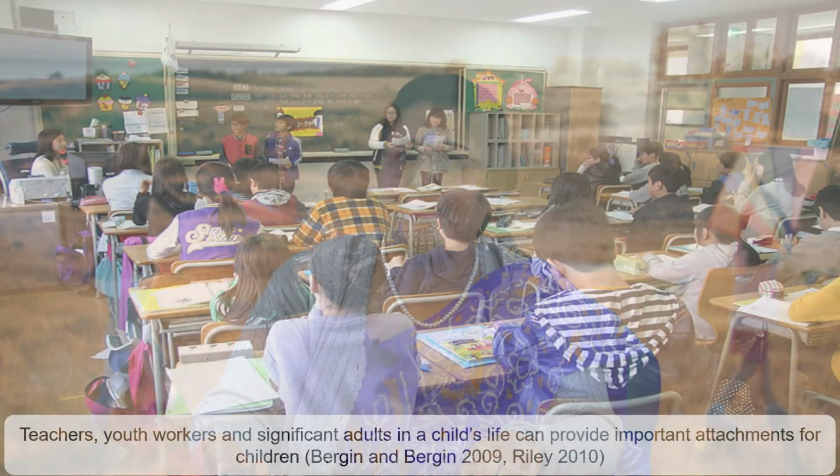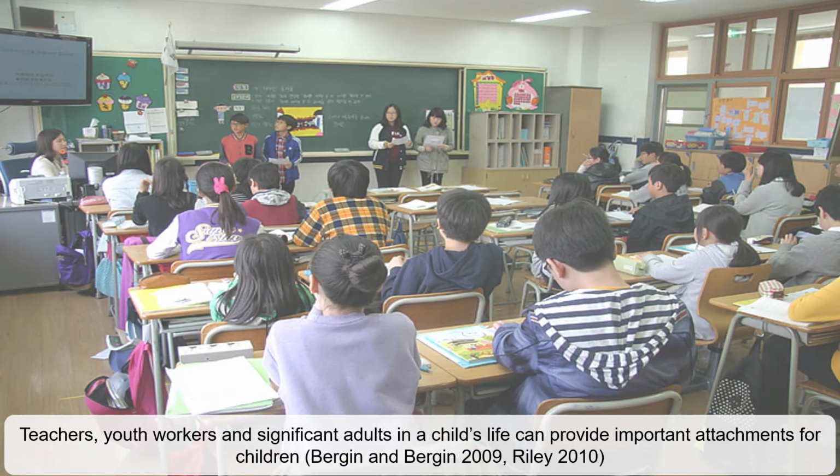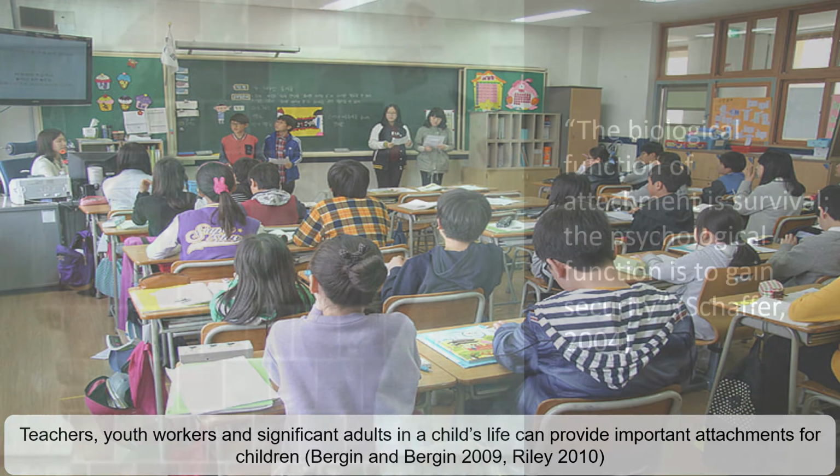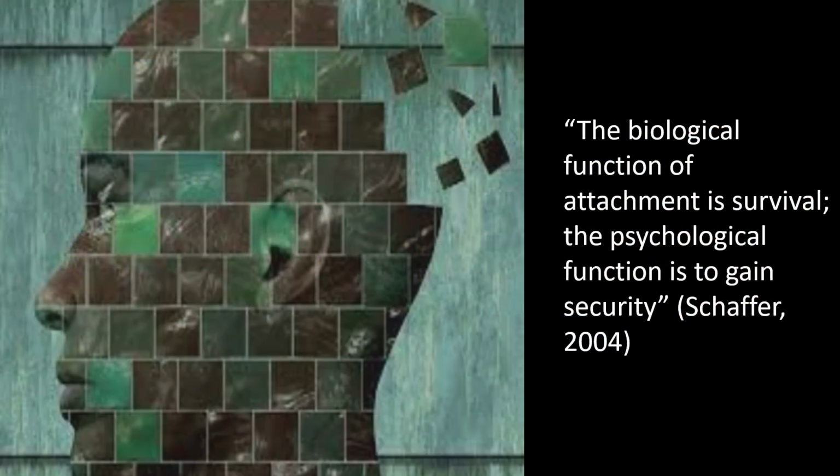So, what is required on the part of the teachers and others? Teachers, youth workers and significant adults in a child's life can provide important attachments for children. So, the biological function of attachment is survival. The psychological function of attachment is to gain security.